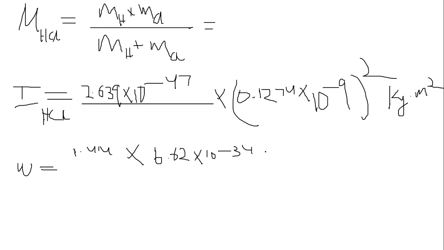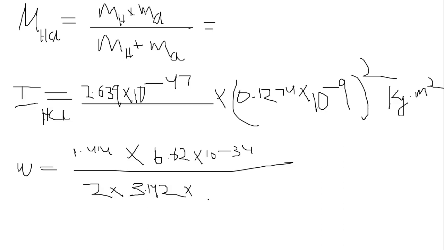So in joule it is 10 to the power minus 34 divided by 2 into pi, 3.142, into I, which is 2.639 into 10 to the power minus 47.